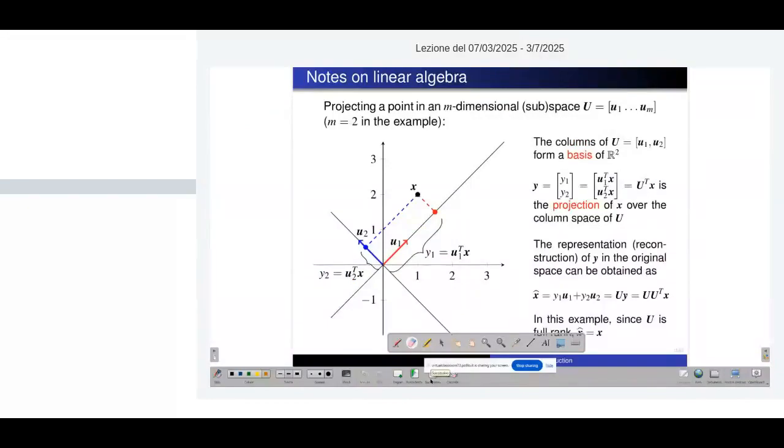Now, if we want to project over a subspace, then we will need to project a point over multiple dimensions. A projection over a subspace is defined how? Well, we introduce matrix U that contains column vectors that are all unit vectors, and we say more.